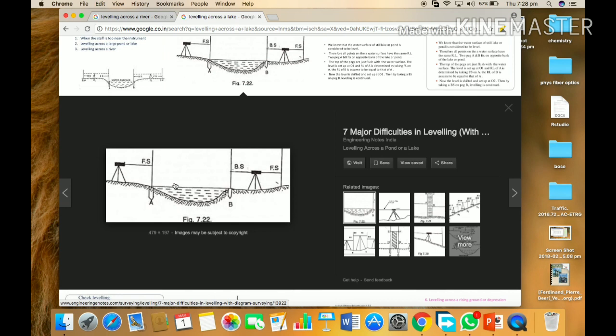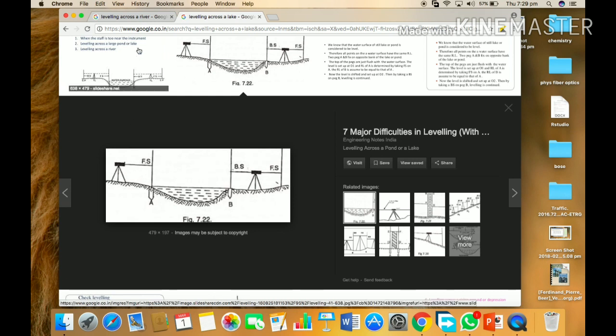On either side of the lake, stout pegs are driven with their top surfaces flush with the water surface. Readings can be taken to the staff held on top of the pegs from either side. The two pegs being at the same level, the heights of collimation of the instrument stations on either side can be related. Okay, this was one of the problems.